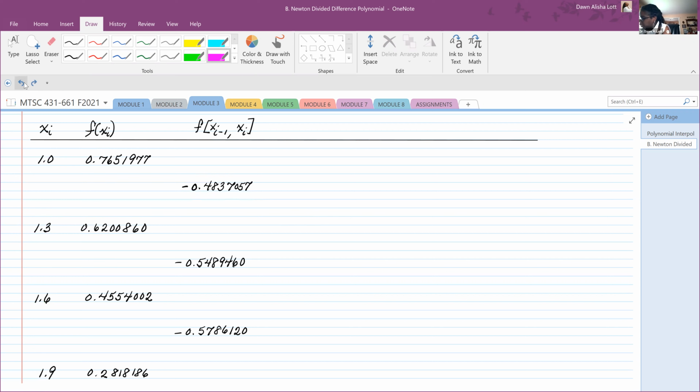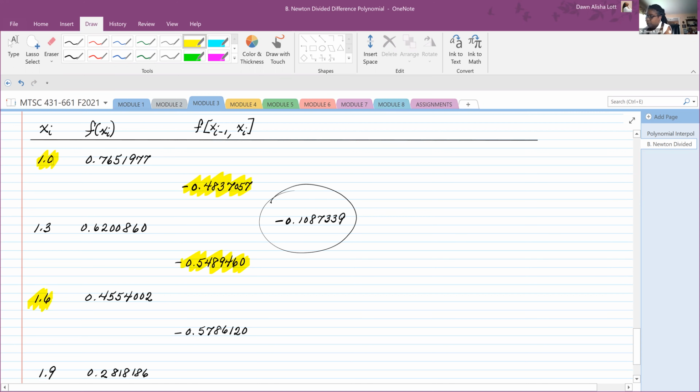Now for this one right here that I'm getting ready to write, which is negative 0.1087339. So how did I compute this one? Well, I take this one, that's that Newton divided difference at the second one, minus this Newton divided difference, divided by x2 minus x0.